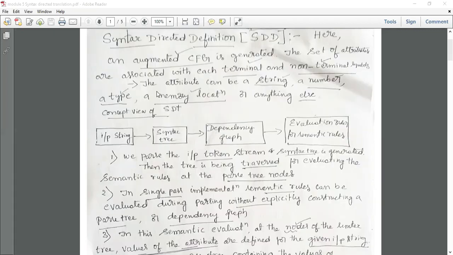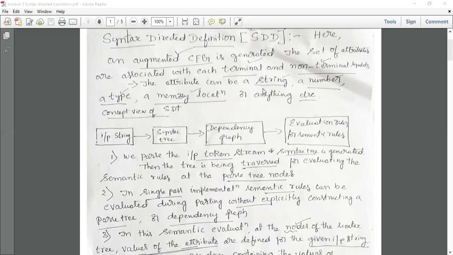Attribute is very, very important here. Therefore, I stress this attribute: it can be a string, a number, a type, a memory location, or anything else. See, 1, 2, 3, 4, 5 attributes. We worry about attributes throughout this chapter. We need to discuss at the level of attributes only.